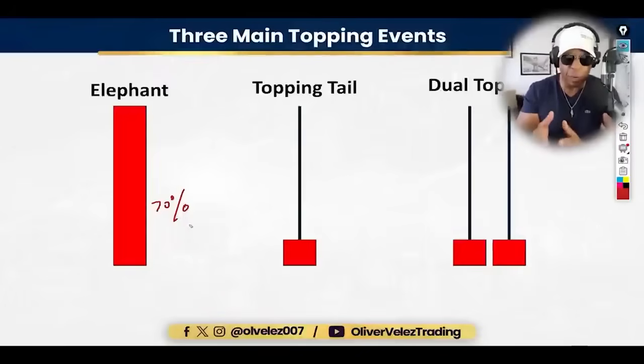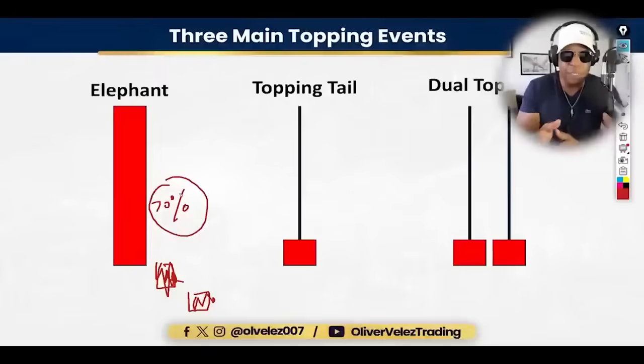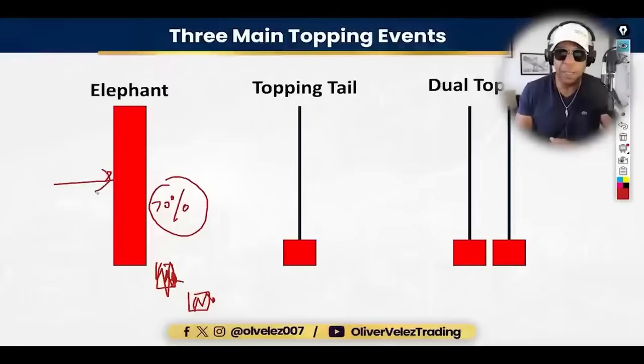What I mean by follow through is that you follow through with more red after this red. So there's more red to come. All right. 70% of the time. Now, what does 70% mean? It means that if you were to do 10 bare elephant bars, on average, 7 out of the 10 will produce more red after the elephant bar has formed. So 7 out of 10 go lower.